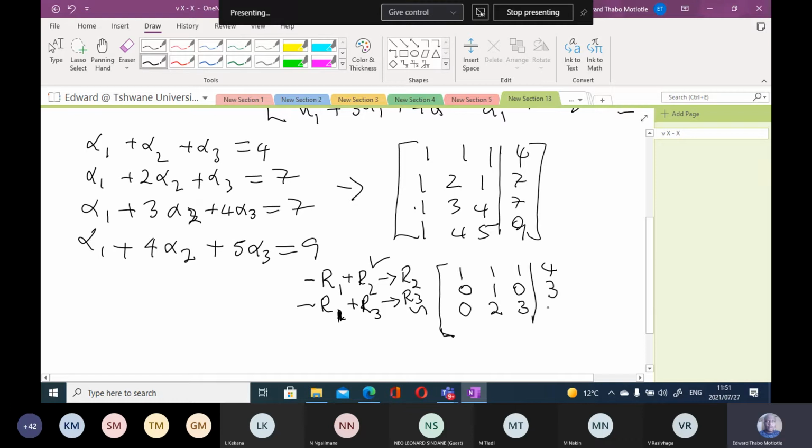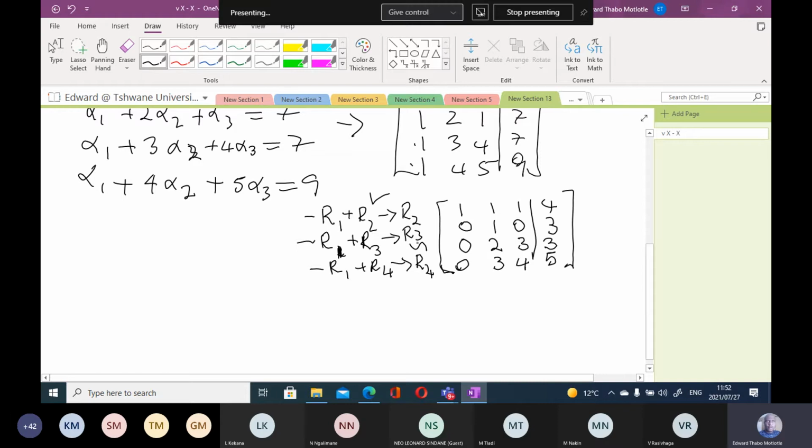Minus 4 and 7, this gives me 3. Okay, and for this one, minus row 1 plus row 4 gives me row 4. So this is 0 here. Minus 1 and 3, this is 2. Minus 1 and 5 here gives me 4. Minus 4 and 9, this is 5.